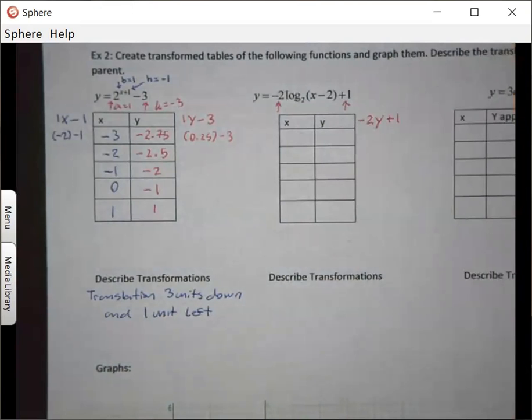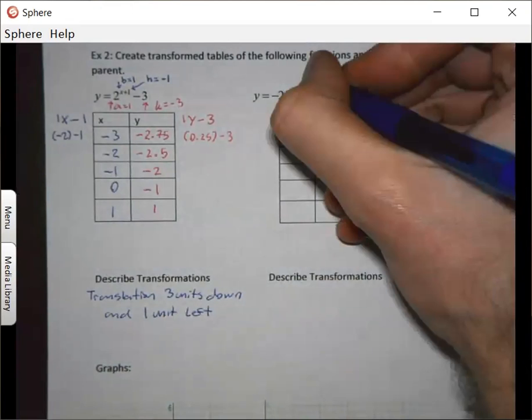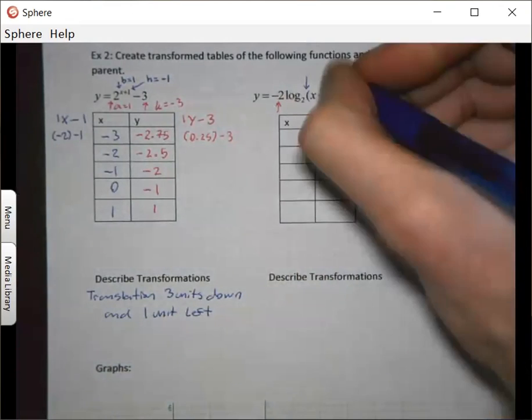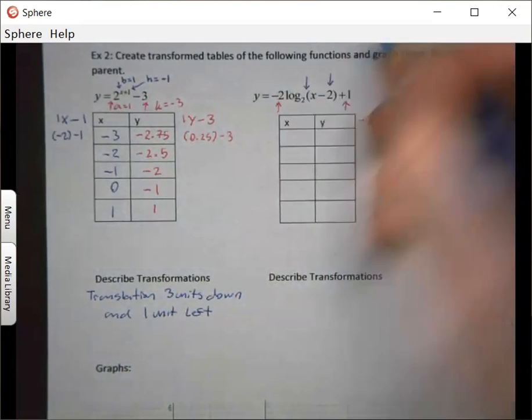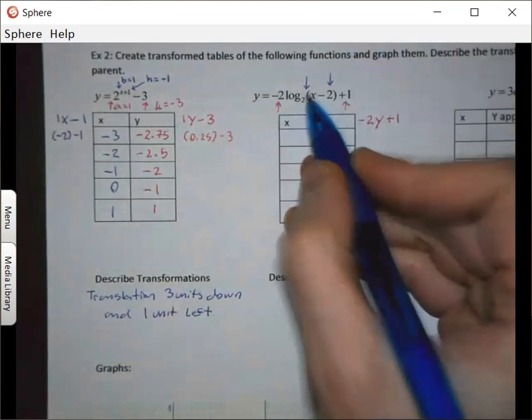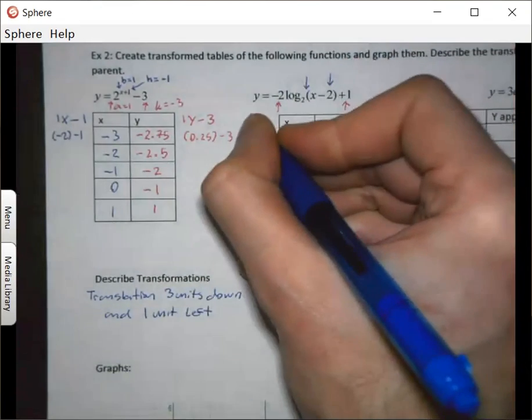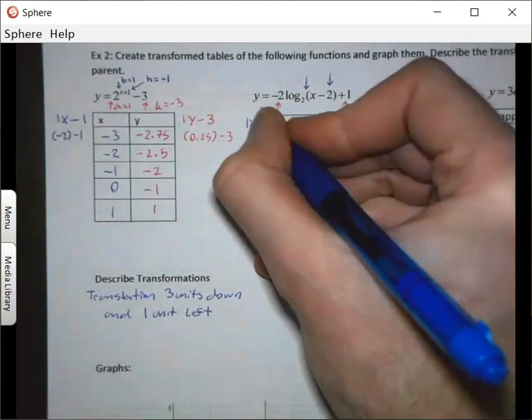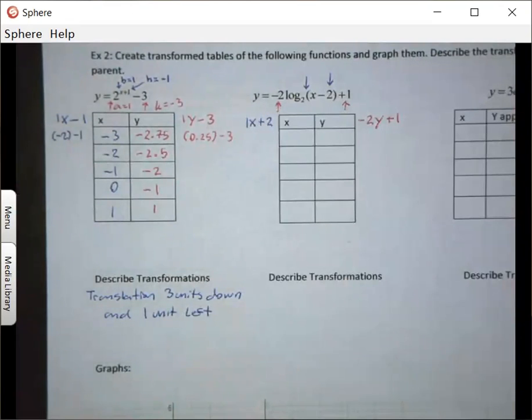And then for x, so when there's no value written, we say it's 1. And then we need to use the opposite sign. So reciprocal of 1 again is 1. It's going to be 1x. Opposite, so we say +2. Plugging in our values from our parent.